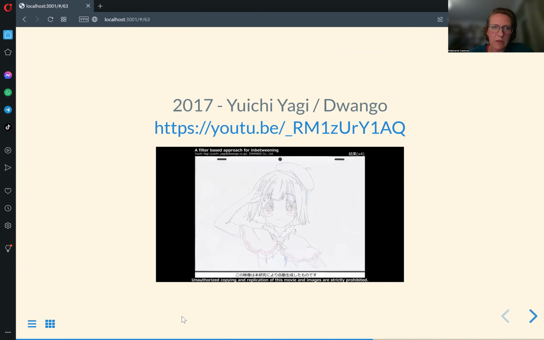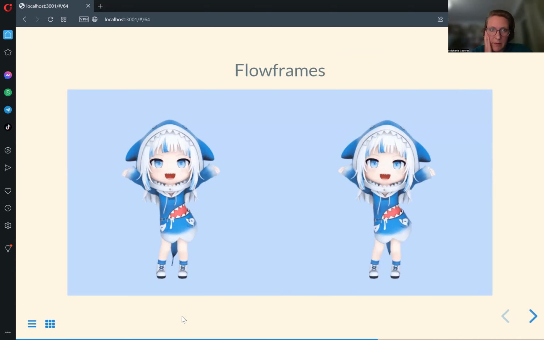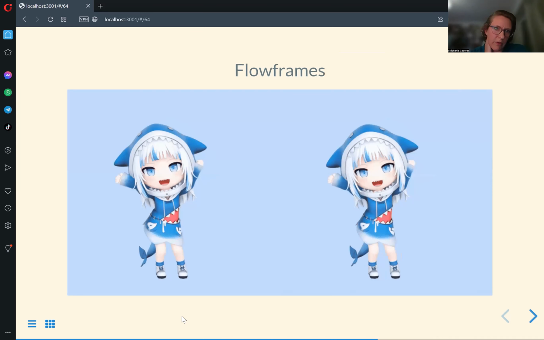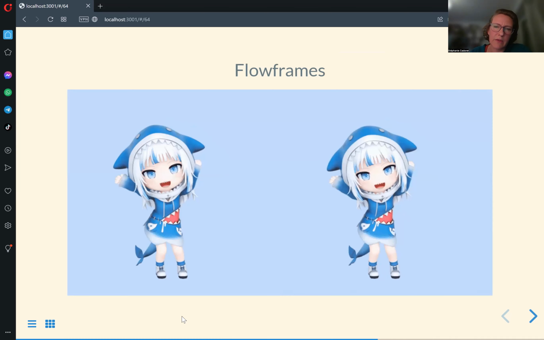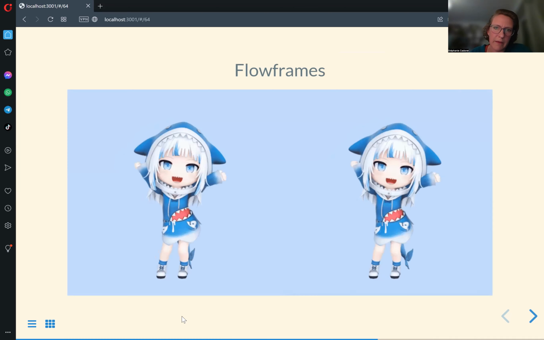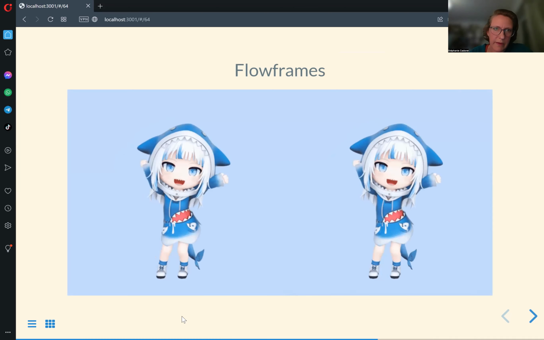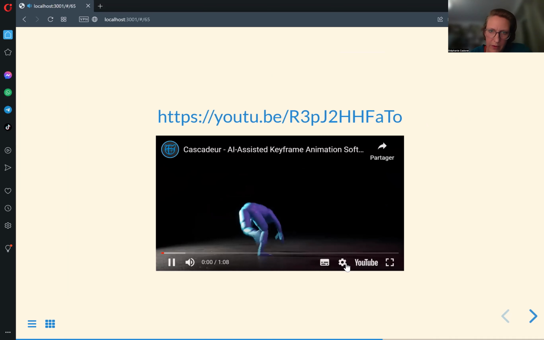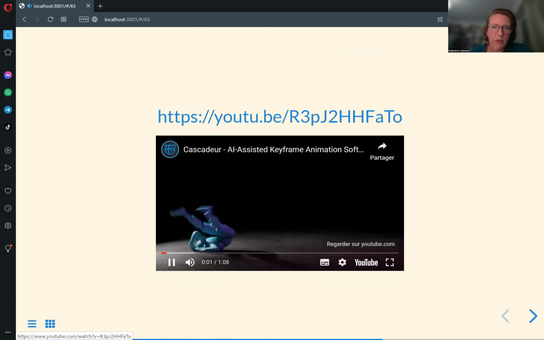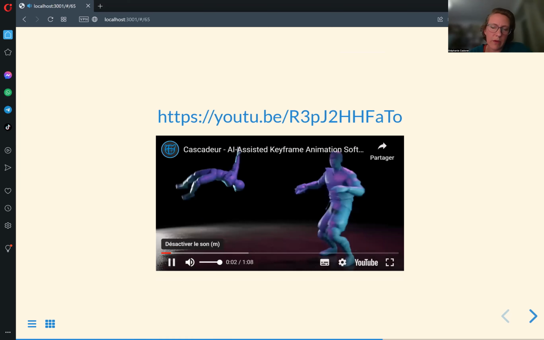And also there are still a lot of little problems. So this is Flow Frame. If you look at the character on the right, the tail is going through the leg. So there are still problems that humans need to retake. The most convincing solution right now comes from Cascadeur, an AI system for 3D. They actually use a physics engine for the inbetweens.